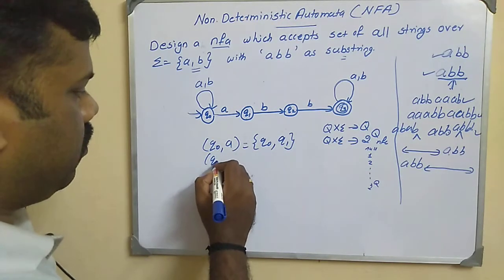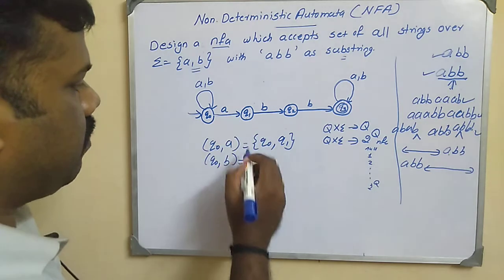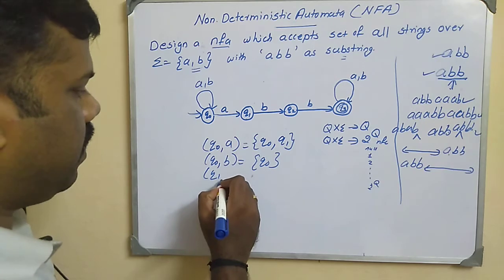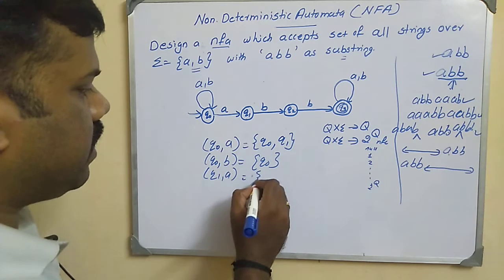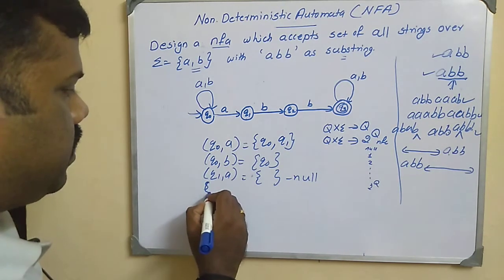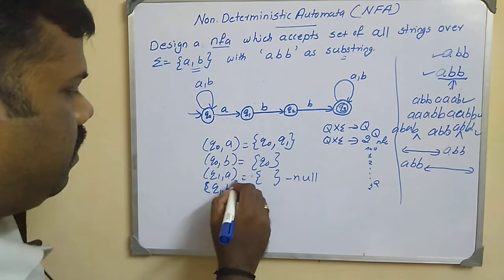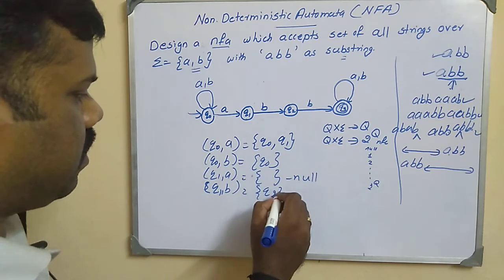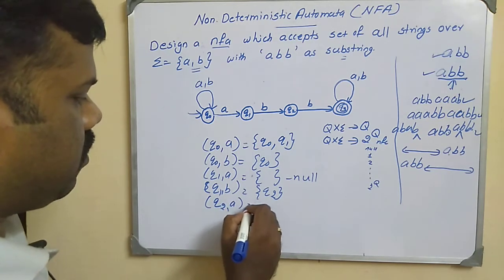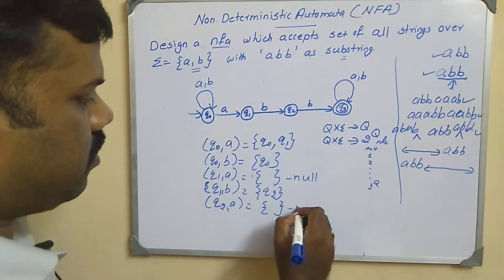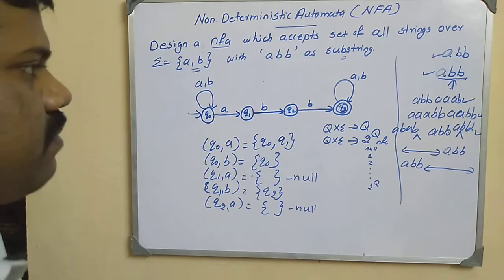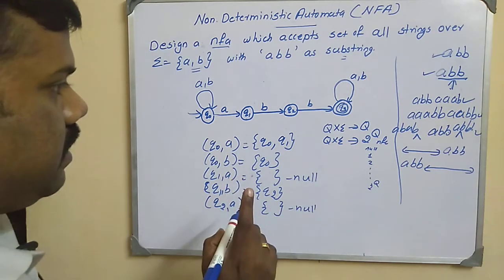Now Q0 on B has only one state. For Q1 on A there is no transition, because it is a null transition. For state Q1 on B, Q2 is the transition. For Q2 on A there is also a null transition.